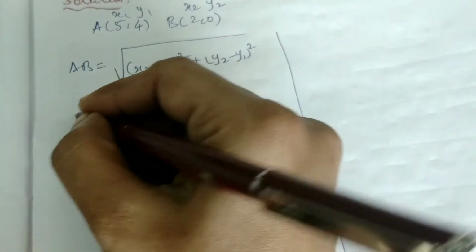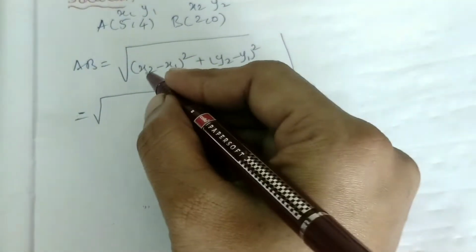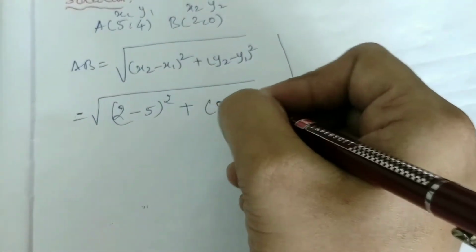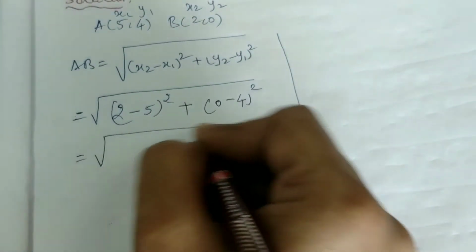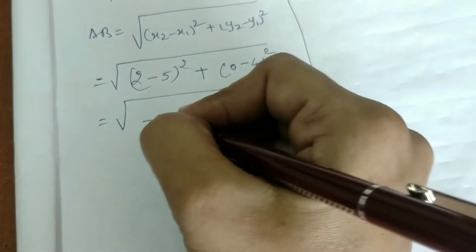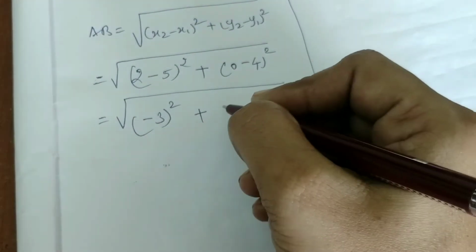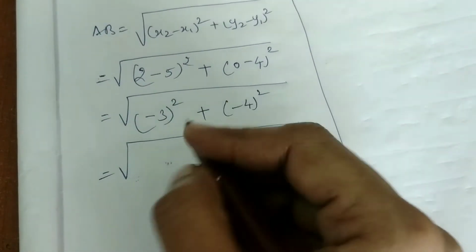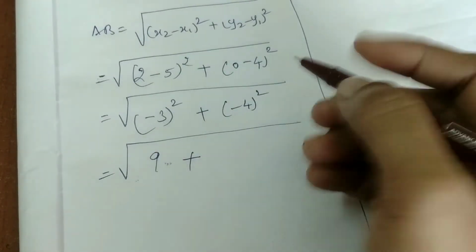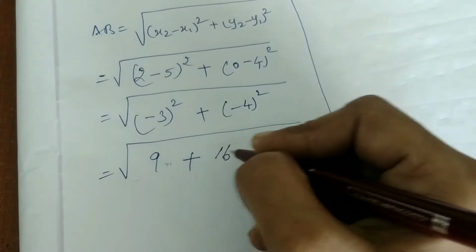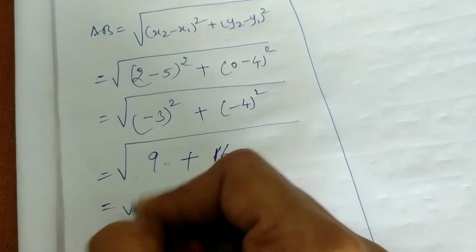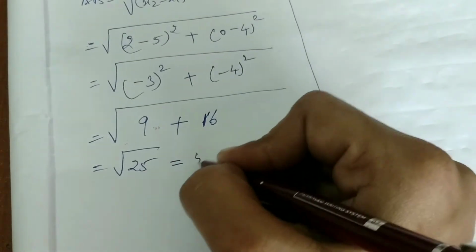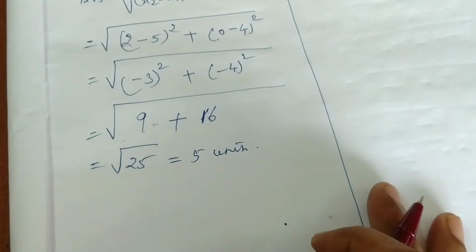Substitute the values: (2 minus 5) the whole square plus (0 minus 4) the whole square, equal to square root of (minus 3) the whole square plus (minus 4) the whole square. Minus 3 the whole square is minus 3 into minus 3, so 9. Minus 4 the whole square is 16. So square root of 25, and the value of square root of 25 is 5 units. This is our AB distance.